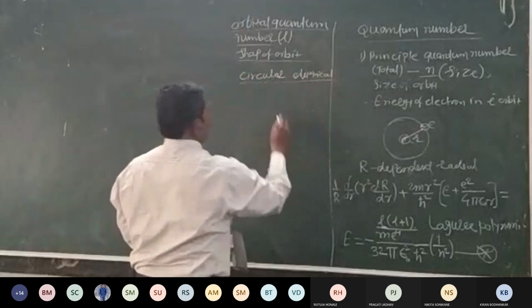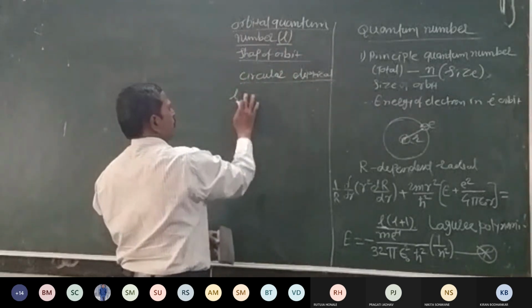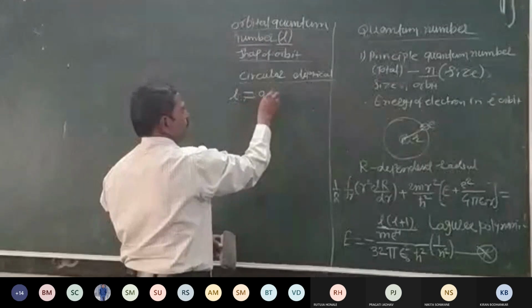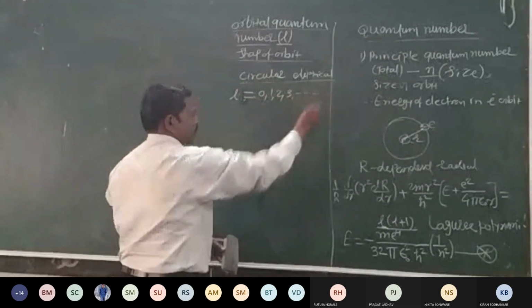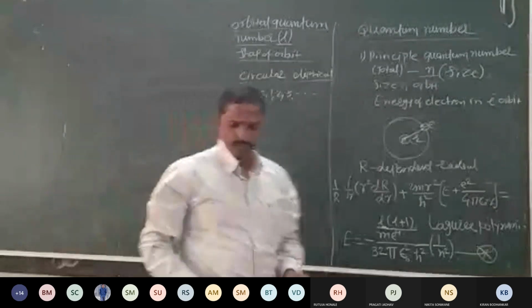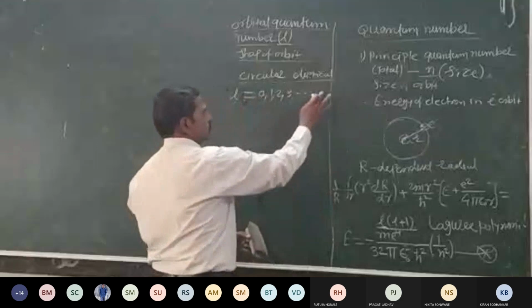That is to be decided by using this orbital quantum number, and this orbital quantum number has the value 0, 1, 2, 3 and so on.